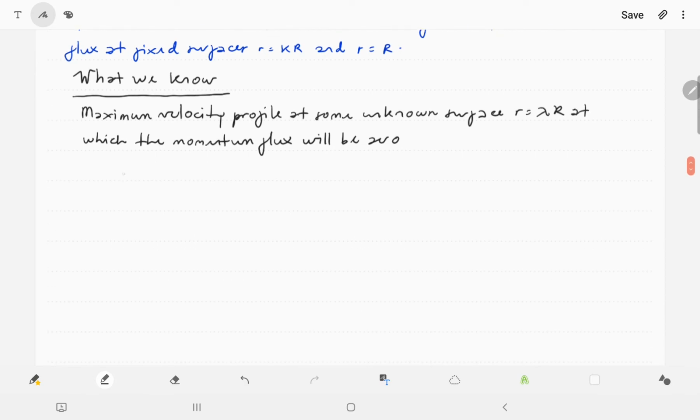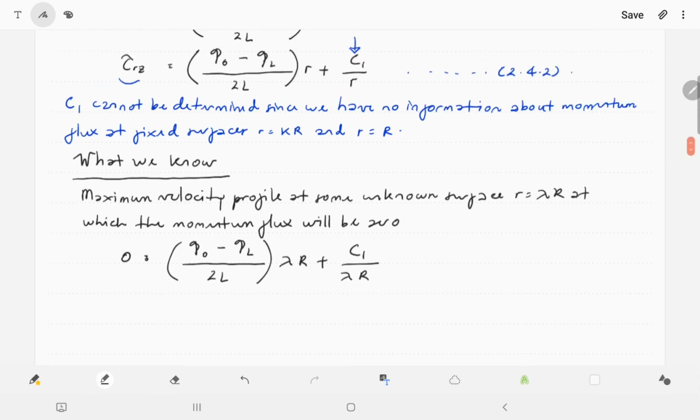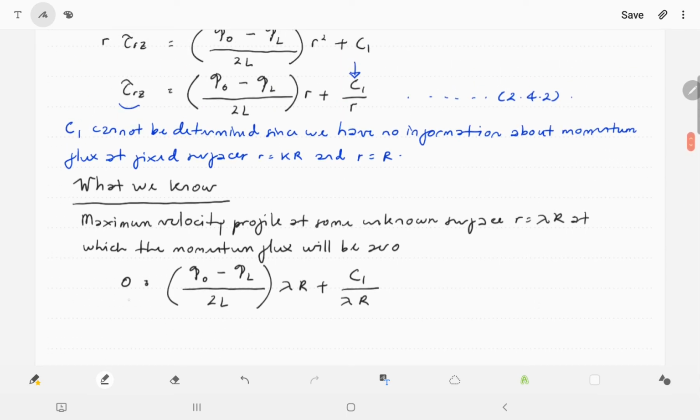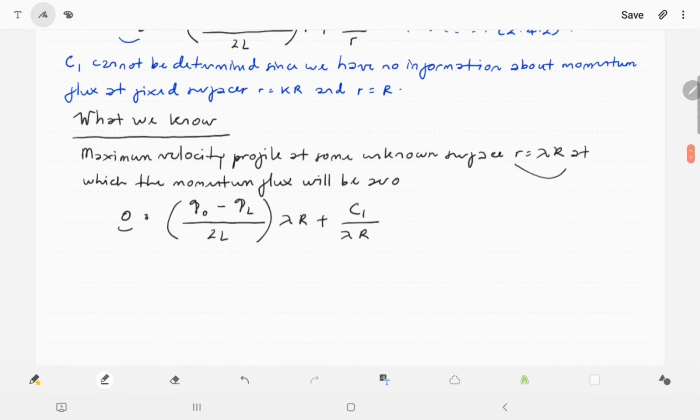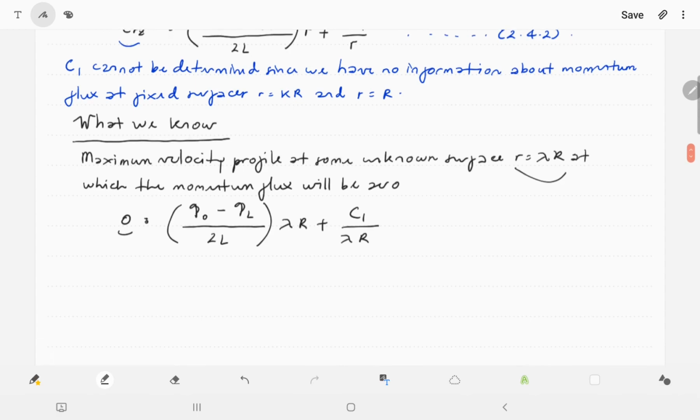Then we can substitute this value into the expression for the shear stress, where we basically put lambda R plus C1 divided by lambda R, because the shear stress will be 0 at this particular surface since the velocity is maximum at that radius.